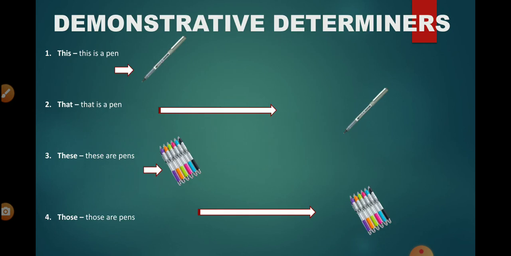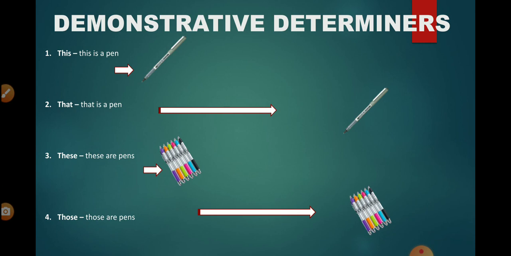So next is demonstrative determiners. It's quite an easy and very short part. It's simply to repeat the things that have already been learnt in junior classes. This is used for a thing which is close to the speaker, and that is used for a thing which is far from the speaker.